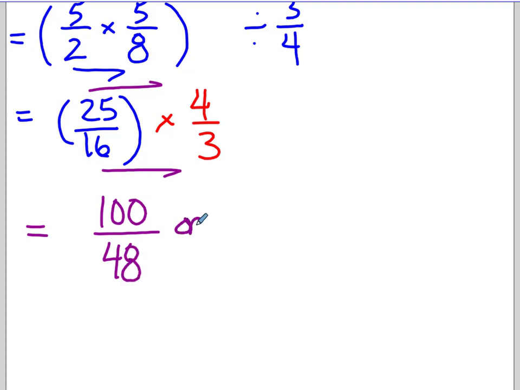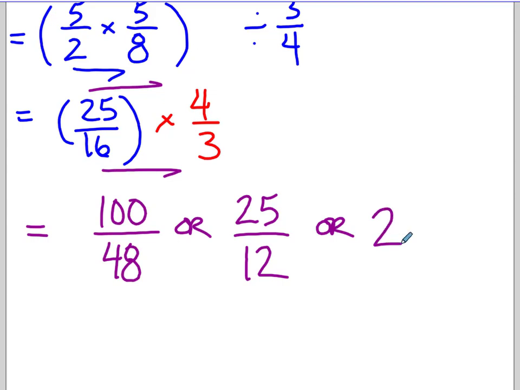Okay. We can do a couple of equivalent fractions to bring this down. 4 goes into both numbers, so this would become 25 over 12. And then if we look at that, 2 groups of 12 fit inside 25. I get 24 from that, so I have 1 left over. So I end up with 2 and 1/12.